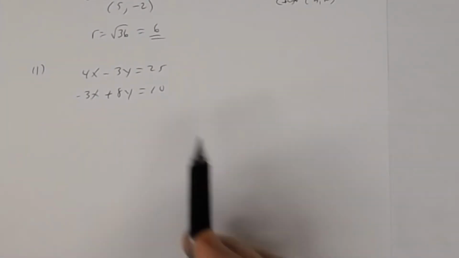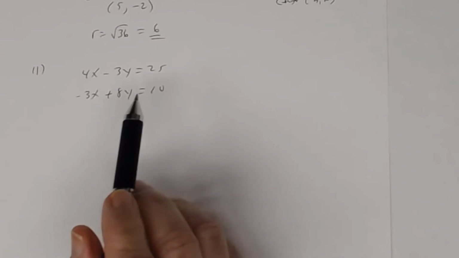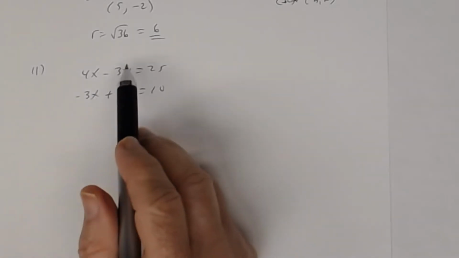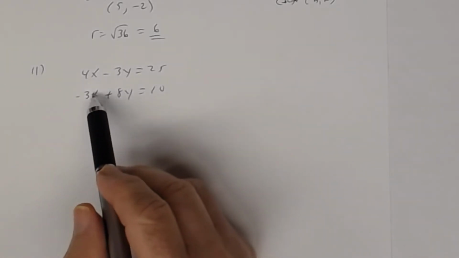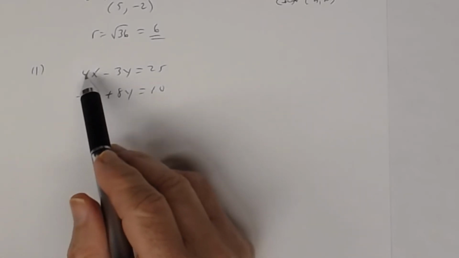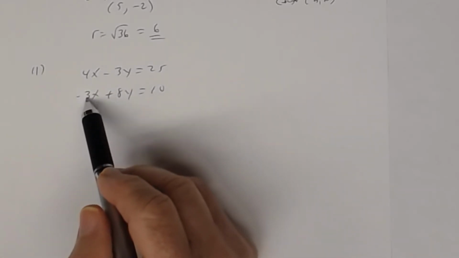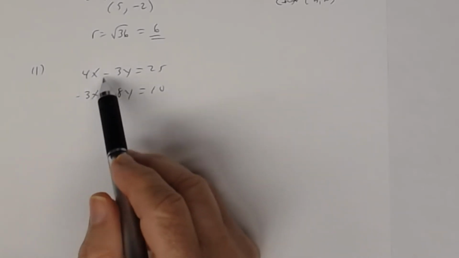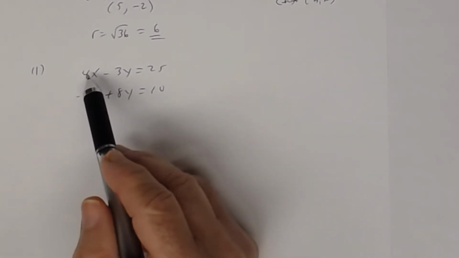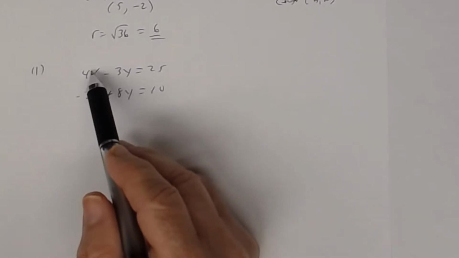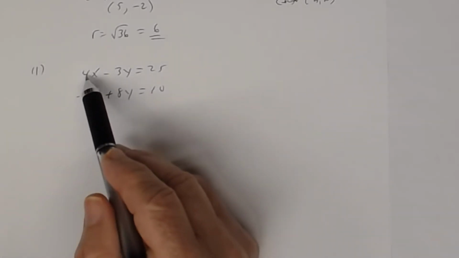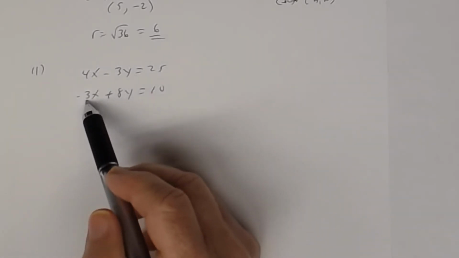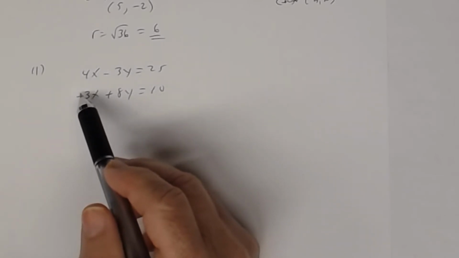So if I'm going to solve this system by addition elimination, I have to eliminate one of the variables. And so to eliminate one of the variables, I've got to have these coefficients being opposites. None of these are opposites. So let's go ahead and eliminate the x's. So to eliminate the x's, I got to find the least common multiple of 4 and −3, which is 12.